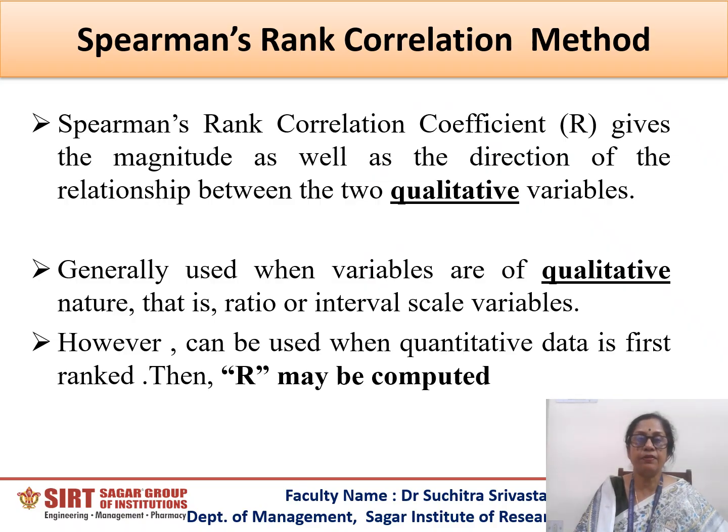In today's lecture, we will be talking about Spearman's rank correlation method. Spearman's rank correlation coefficient, generally denoted by capital R, gives the magnitude as well as the direction of the relationship between two qualitative variables.